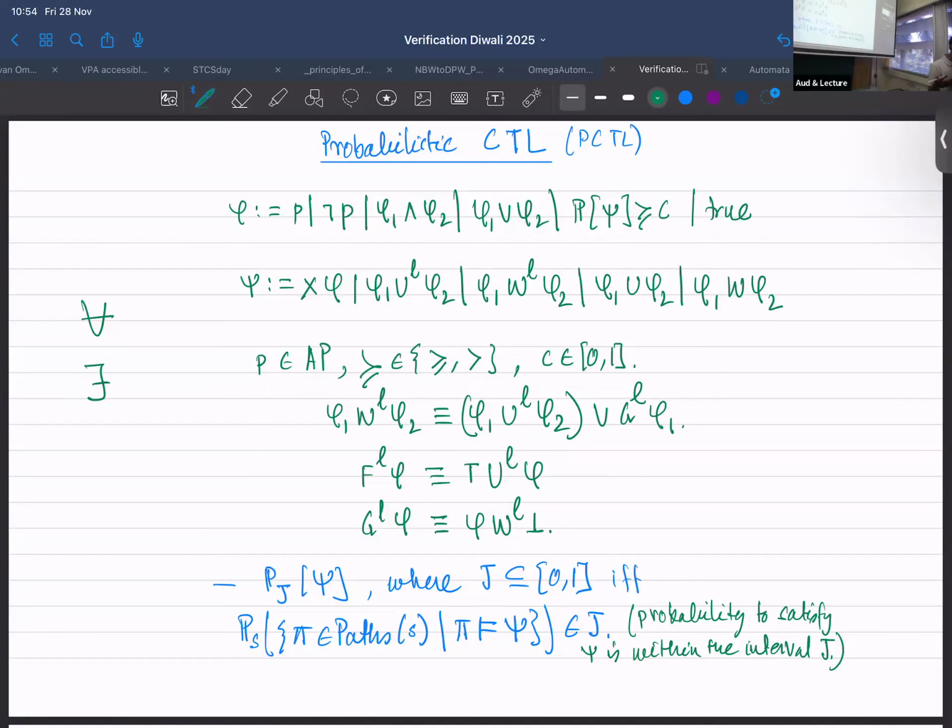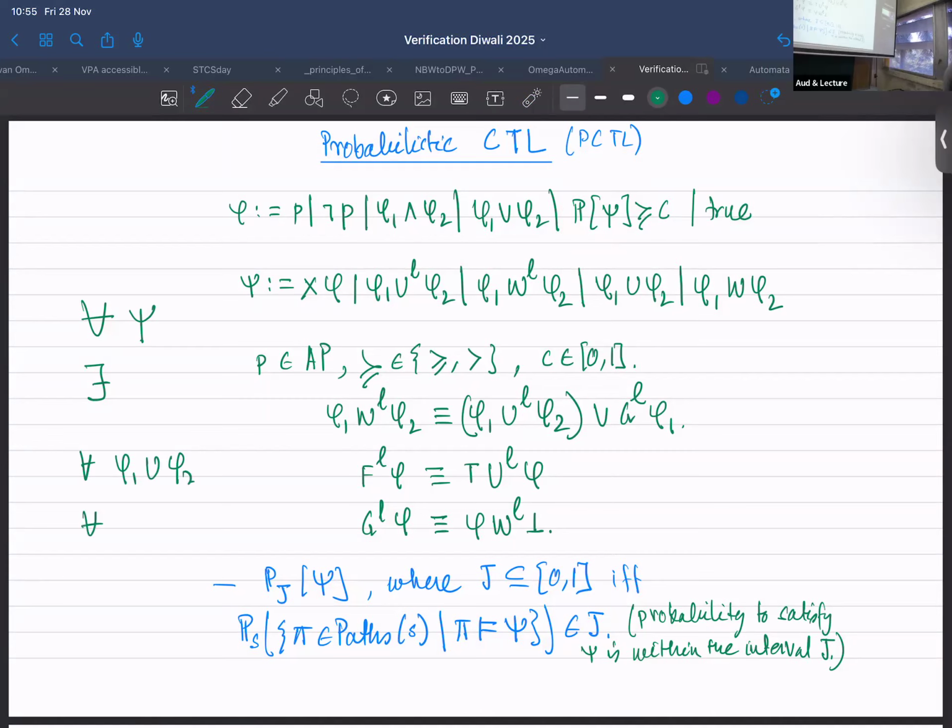You don't see that here. But in CTL, you had for all, then a path formula psi. For all paths, let's say you had phi 1 until phi 2.